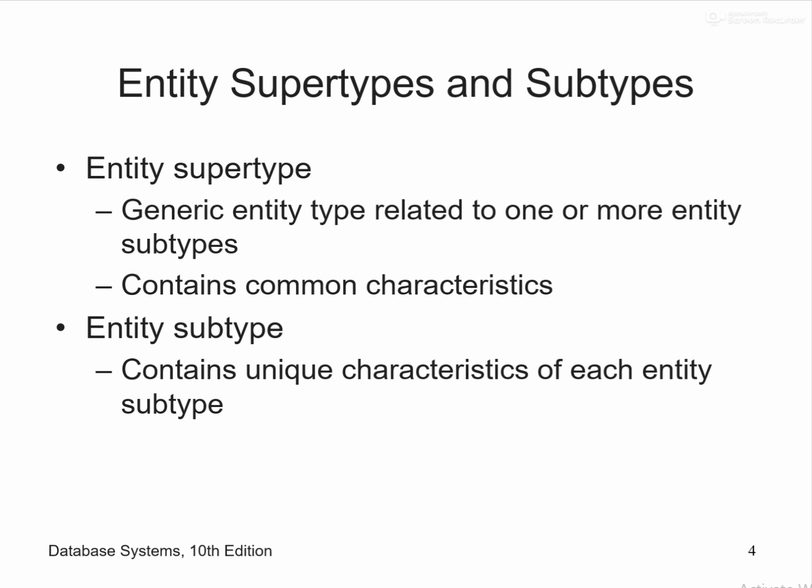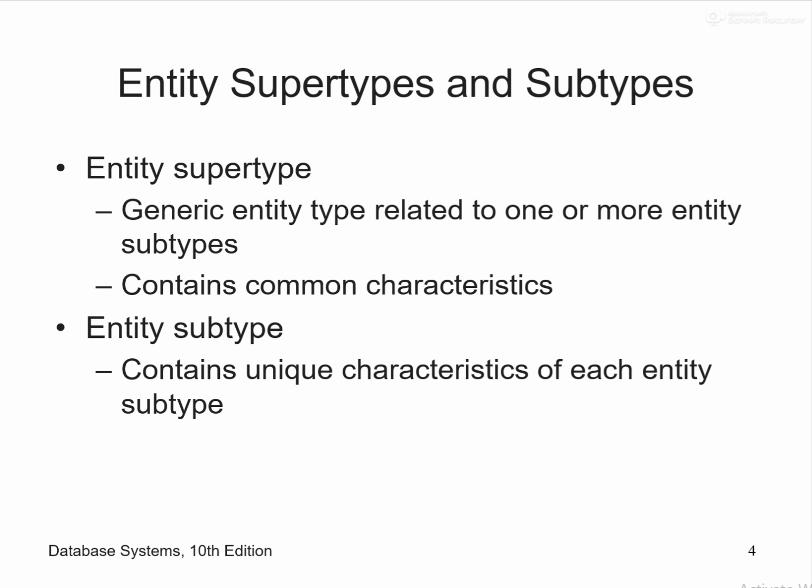With respect to characteristics, the entity supertype contains the common characteristics, while the entity subtypes each contain their own unique characteristics. So what are entity supertype and subtype?